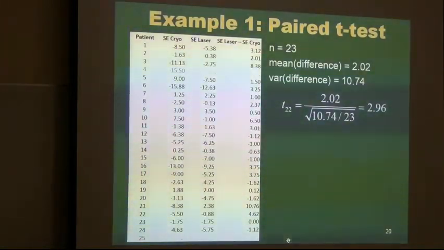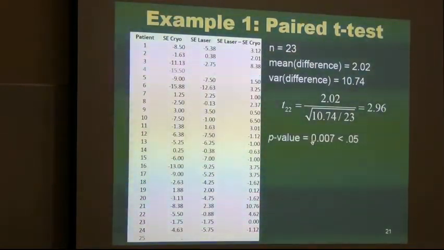So if you look at the test statistic, it equals 2.96. So it's a t-test statistic. 22 is the degrees of freedom, right? N minus 1, and we have n equals 23. So using the t distribution with 22 degrees of freedom, we get the p-value at 0.007, which is less than the significance level that we set in the beginning.